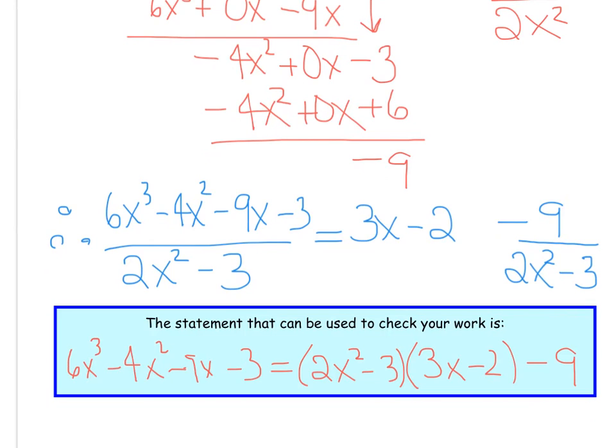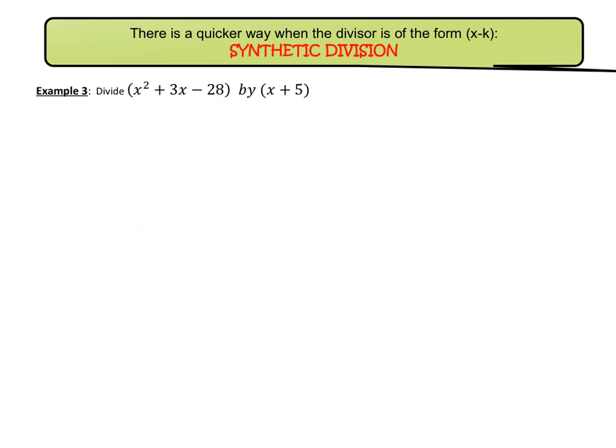We are actually going to also learn a quicker method that sort of just uses the coefficients, called synthetic division. Now I want you to pay attention to the setup of this, and then we're going to practice it a lot in class. So here we go for the setup. Now we are dividing just a simple one by x plus 5, just so you can see sort of how it looks. So the first thing that we're going to do is up at the top here, we are going to put the coefficients of our dividend.